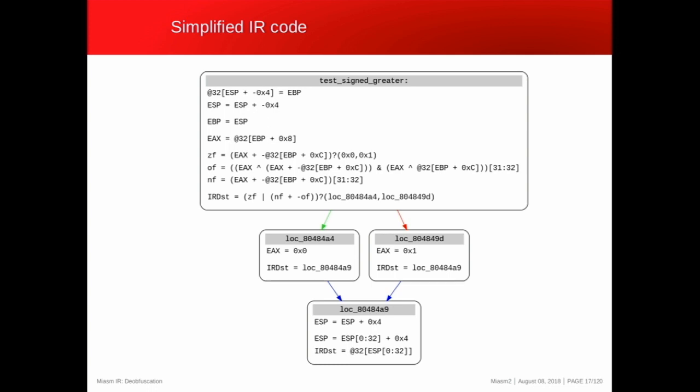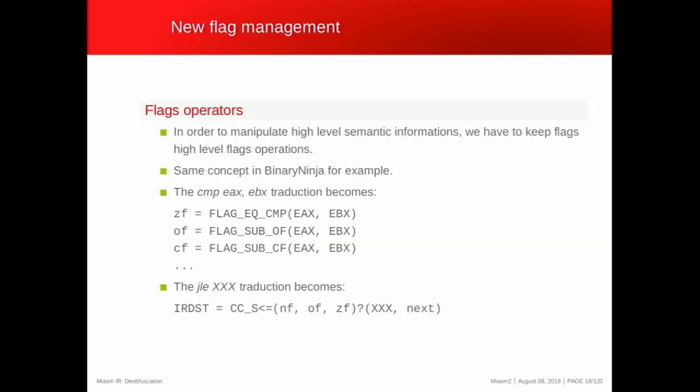Now, we can do better. In fact, the new feature in Miasm is to explain and represent all the intermediate flags with high-level flags. For example, instead of having very big equations in the intermediate language, we have only a simple operator, which does the same thing, but is very simple here.